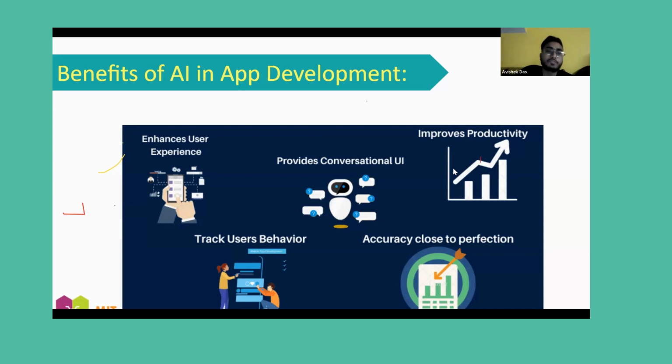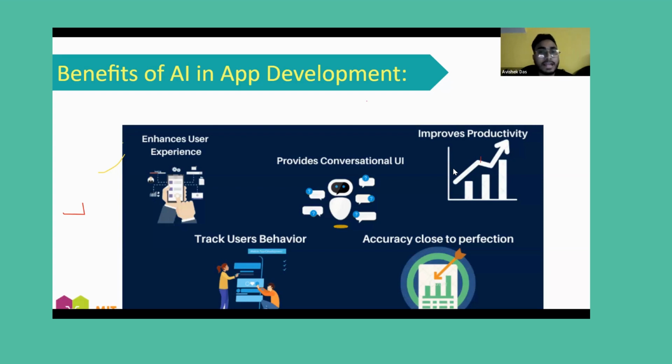After that, we can track the user's behavior using artificial intelligence. For example, if you are on a shopping website and you search for any product, you will see that you get recommendations relating to that product. How is it done?